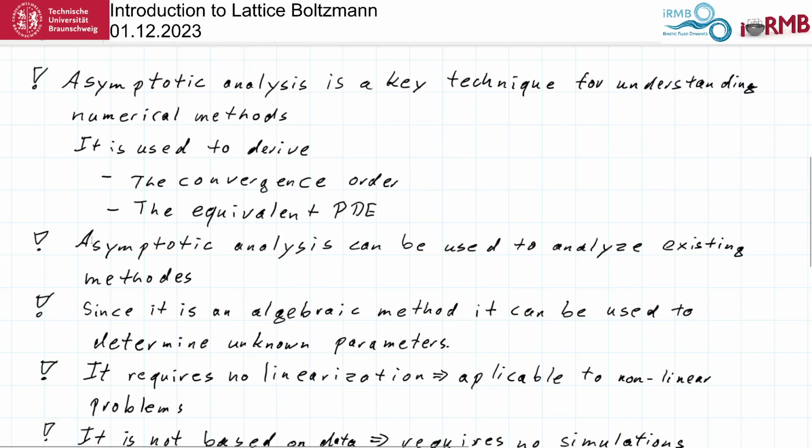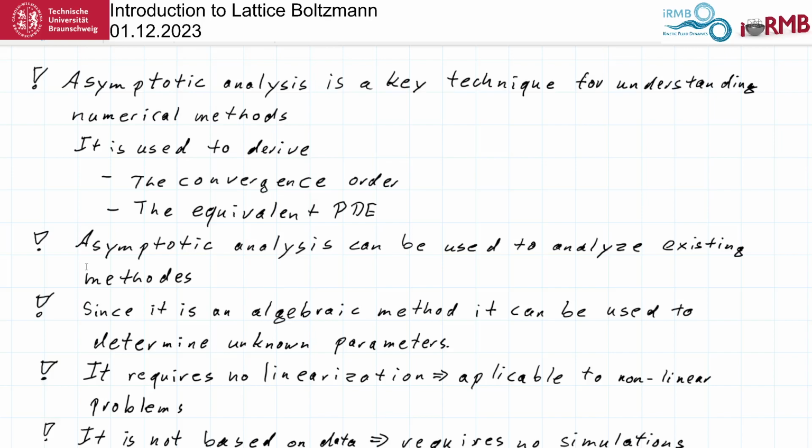So in a sense, asymptotic analysis is also an inverse method, in that sense that it is not used primarily to derive new methods, but it takes an existing method and tells you what the existing method does.